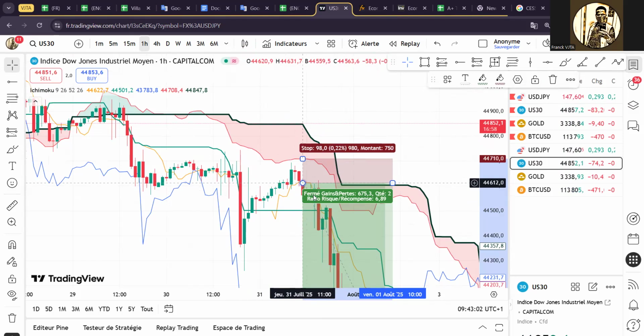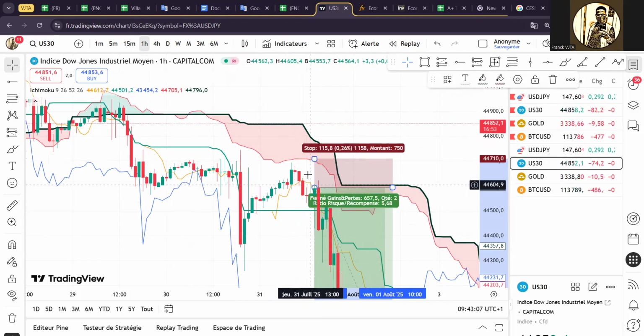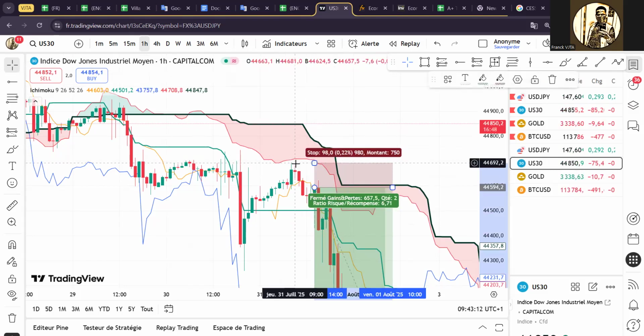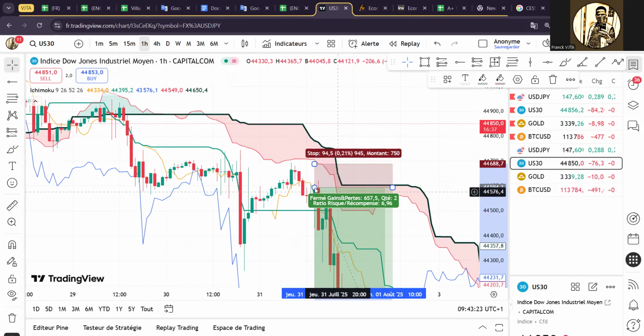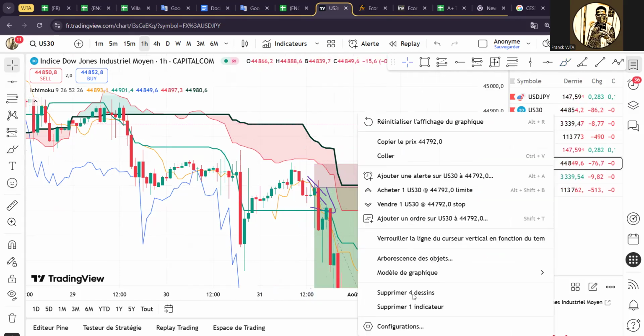But let us change the entry, and suppose that you enter on Tenkan, inverted Tenkan. And then you say, okay, let me place the stop loss just right here above this V stop, rather than taking the other V stop that will give me a risk reward of 4. I prefer to take this V stop. That gives me a risk reward of 6, because I already have a bending of the candle down, showing me that we are about to go down. We are about to continue the downtrend here. So that's how you can play out with the risk reward.